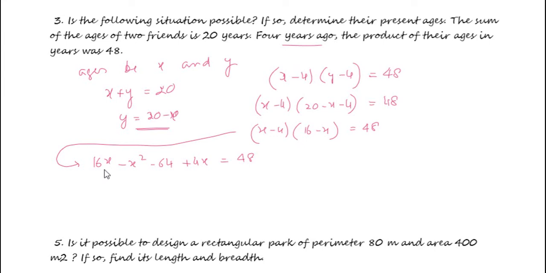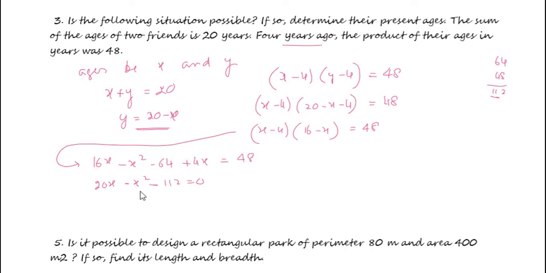So 16x plus 4x, 20x, minus x square, minus 64, minus 48. 64 plus 48, 112, that is minus 112 equal to 0.